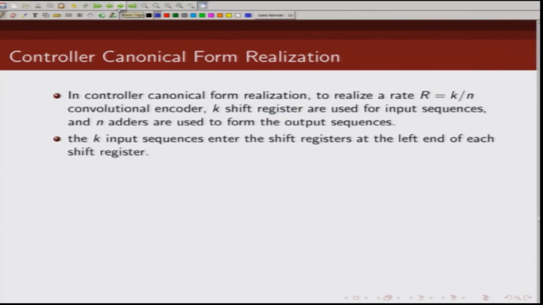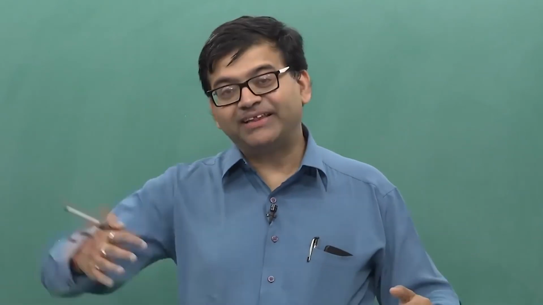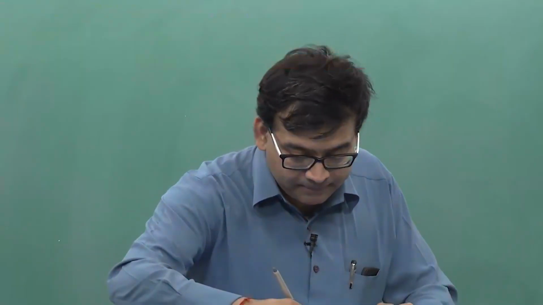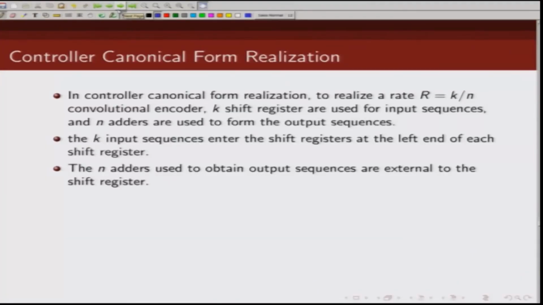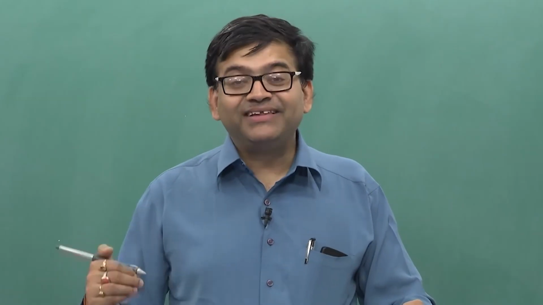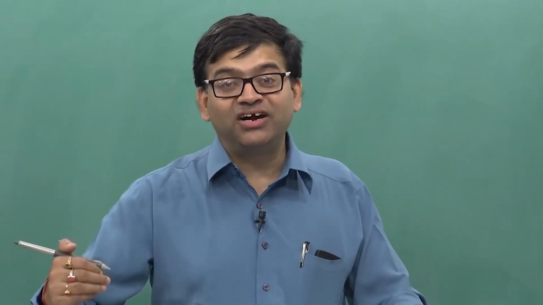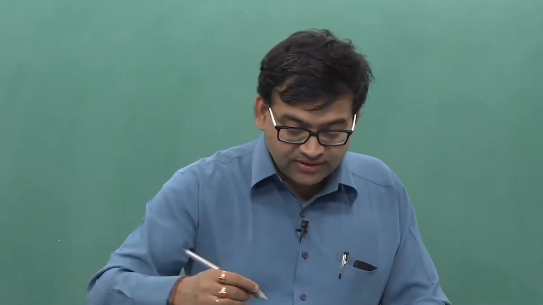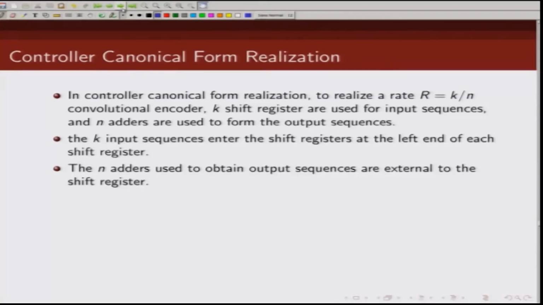In this case, the k input sequences enter the shift register from the left hand side, and we take the output from the right hand side. The next point to remember is, in case of a controller canonical form realization, these n adders that are used to obtain the output sequence, the coded sequence, are external to the shift registers. So, they are not inside the shift registers.